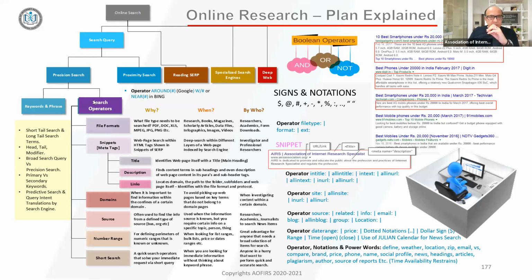So just look at this side, in purple color, this box that says search operators. This is how I'm going to explain some of the ways in which we categorize the advanced operators.